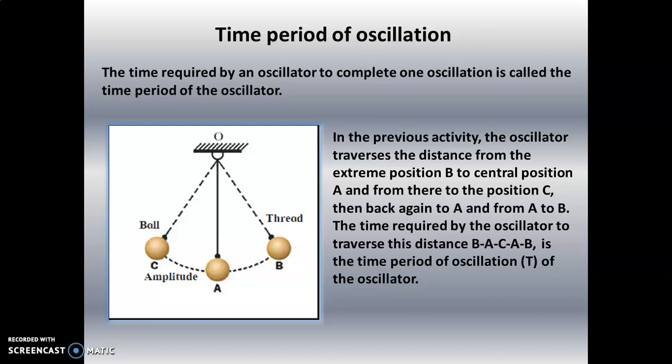This is the time period of oscillation, which is denoted by T. Starting from here, it goes to C, again comes back to the original position A, then it goes to B, and when it again comes back to A, that is one oscillation. From that we calculate the time period of the oscillation.